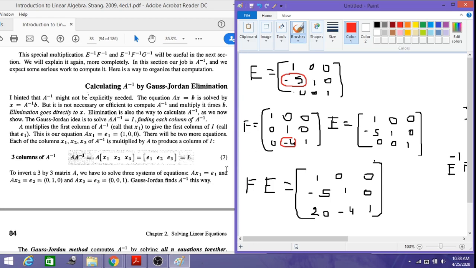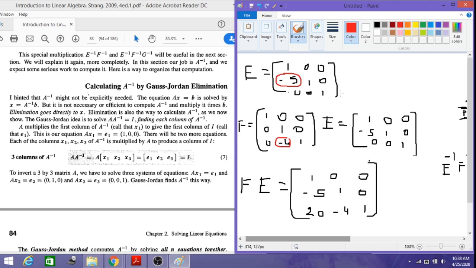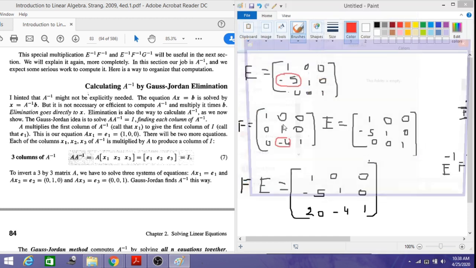This is very important because we are not going to follow this method to find the inverse anymore, because when the order of the matrix increases, it is difficult to follow this method of determinants and adjoints. So I'll go for the Gauss-Jordan method of elimination to find the inverse of these elimination matrices. So let me save this page here.